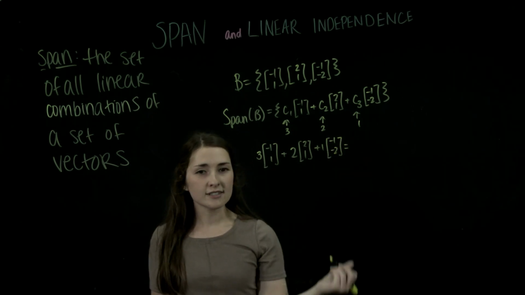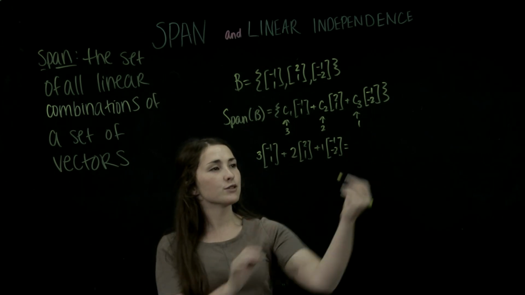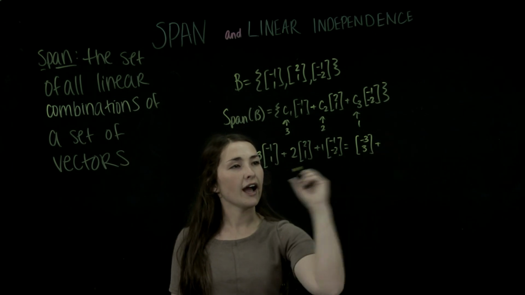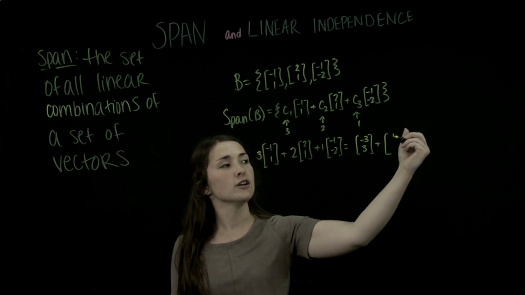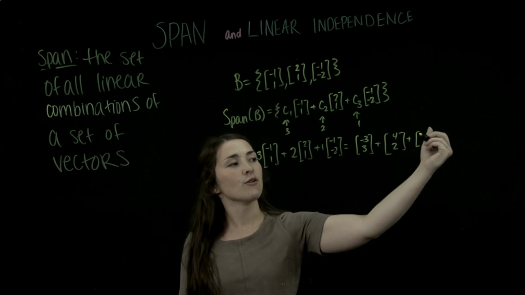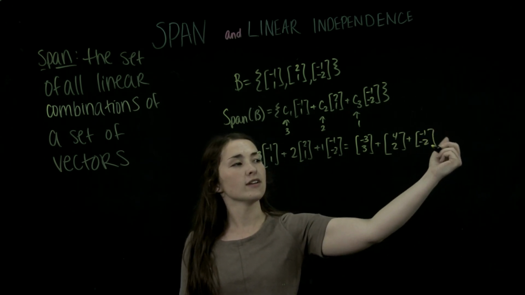And what is this going to give us? So we have 3 times our first vector, which is going to be (-3, 3), added to 2 times our second vector, which is now going to be (4, 2), and added to our third vector, right there.